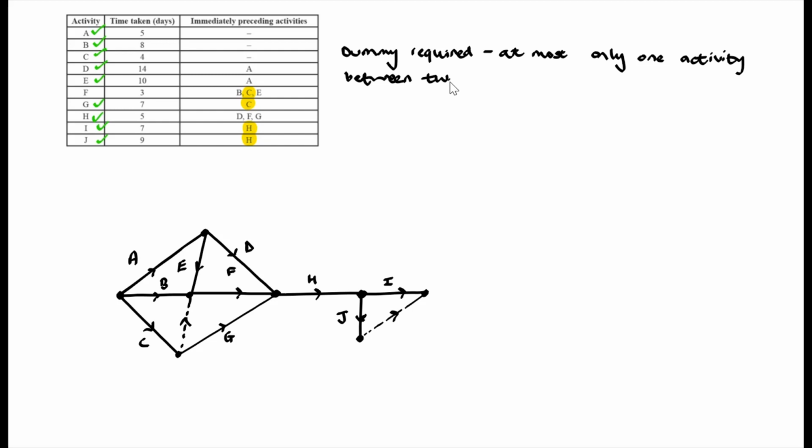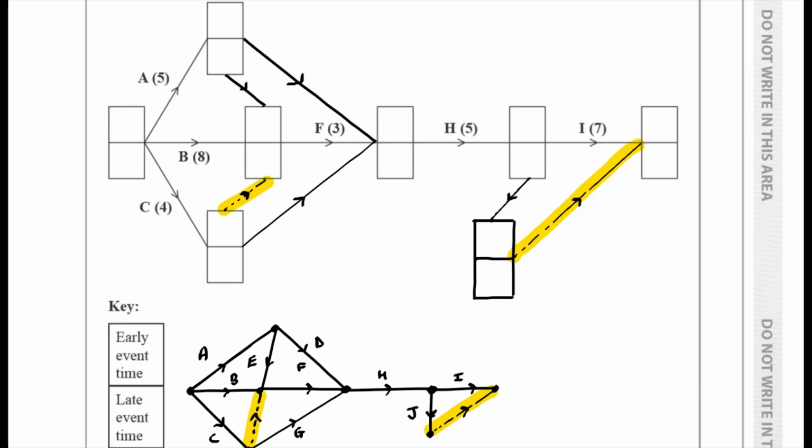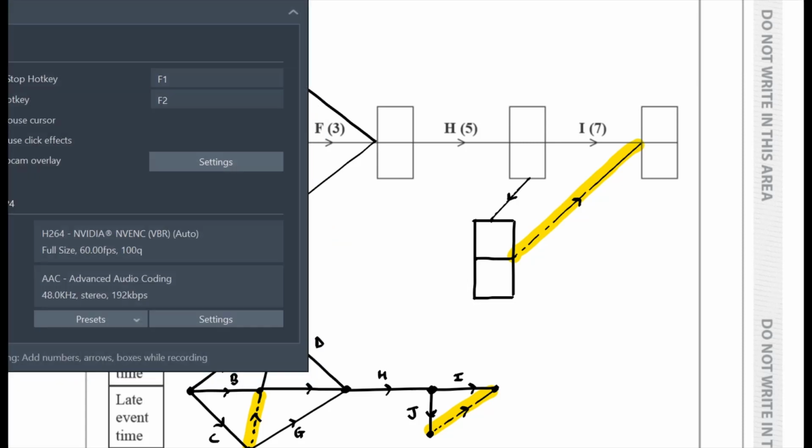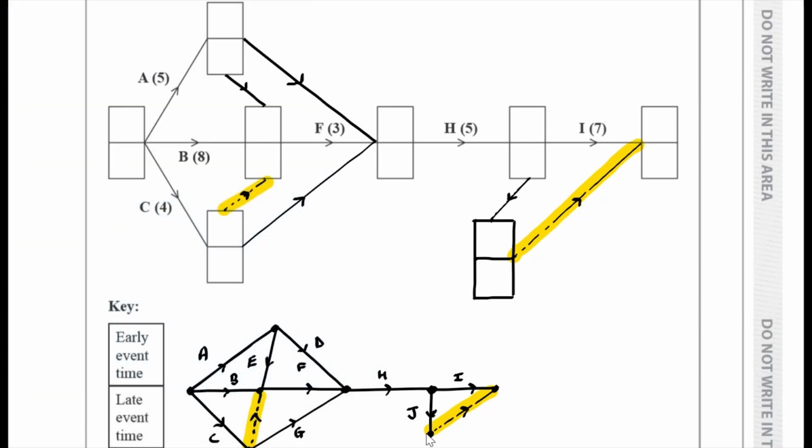Okay, so that is the justification for us having a dummy, which we showed here and also here. So what you'd find over here, I've just completed this, and now we just need to fill in the letters and the numbers. Let's start off with the letters. Here we have E.